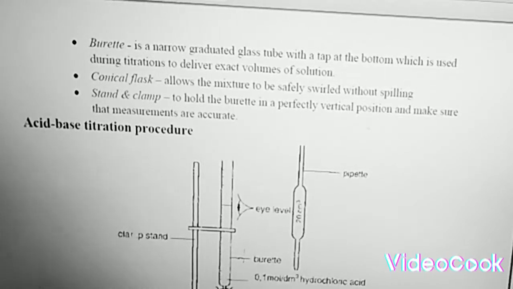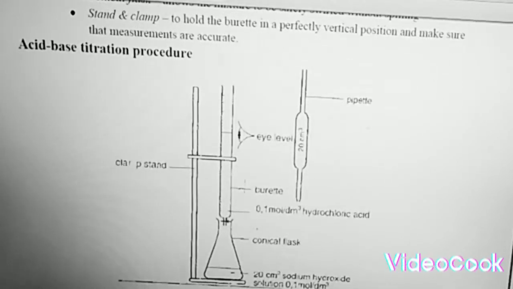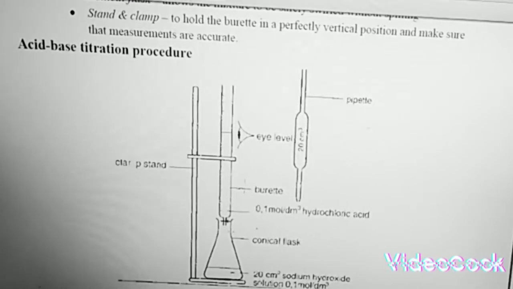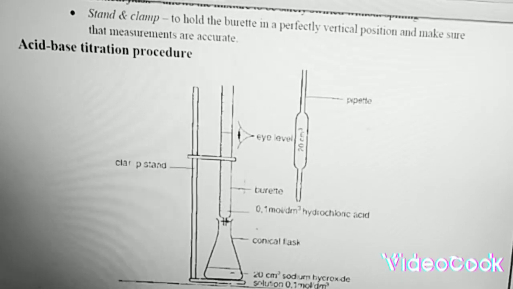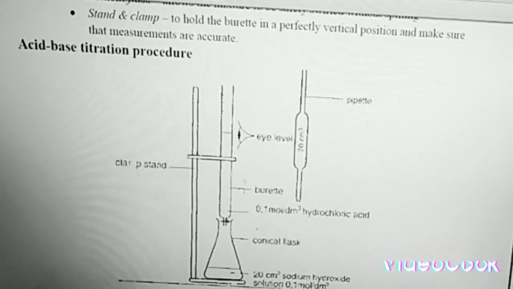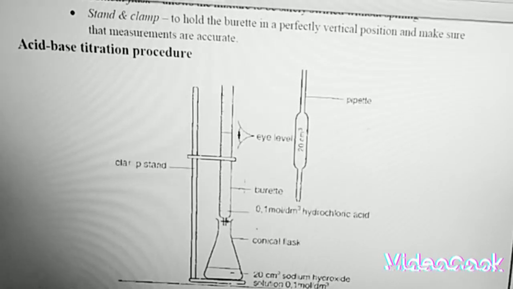So as we'll be doing our titration, you open the tap there for a short while, you close it, and you'll be swirling this conical flask to mix properly the contents, and then you observe if there are any changes. You add again a little bit into your conical flask, you swirl it left, right, to see if there are any changes in the solution as you pour the contents from the burette, right?